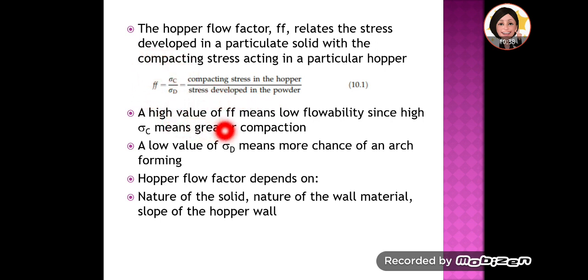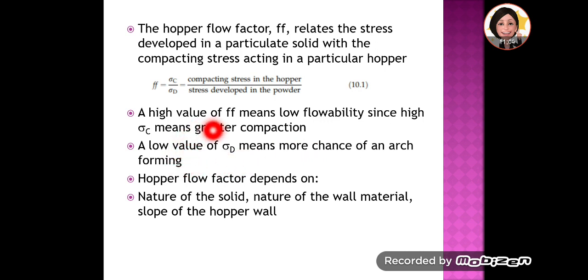A high value of FF means low flowability. Why? Because a high compacting stress means greater compaction, and a low value of stress in the powder means more chance of an arch forming.